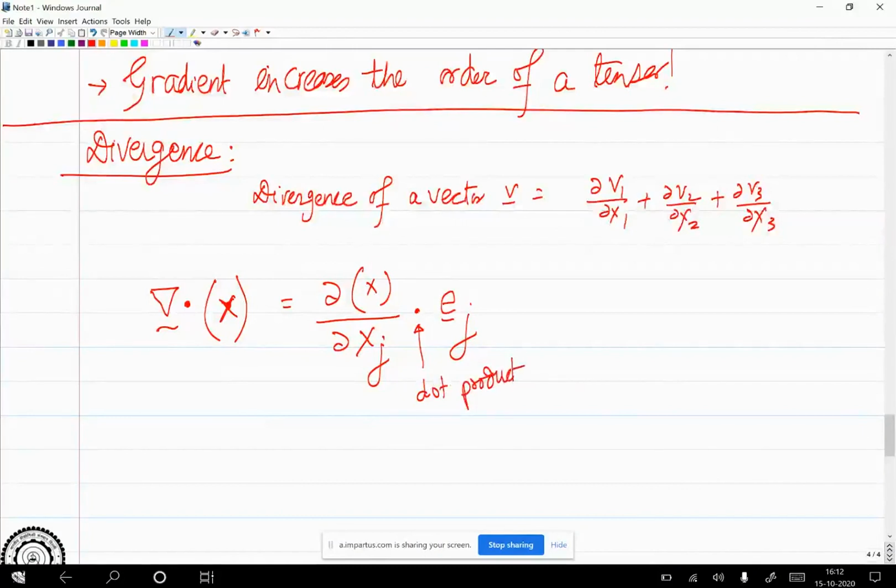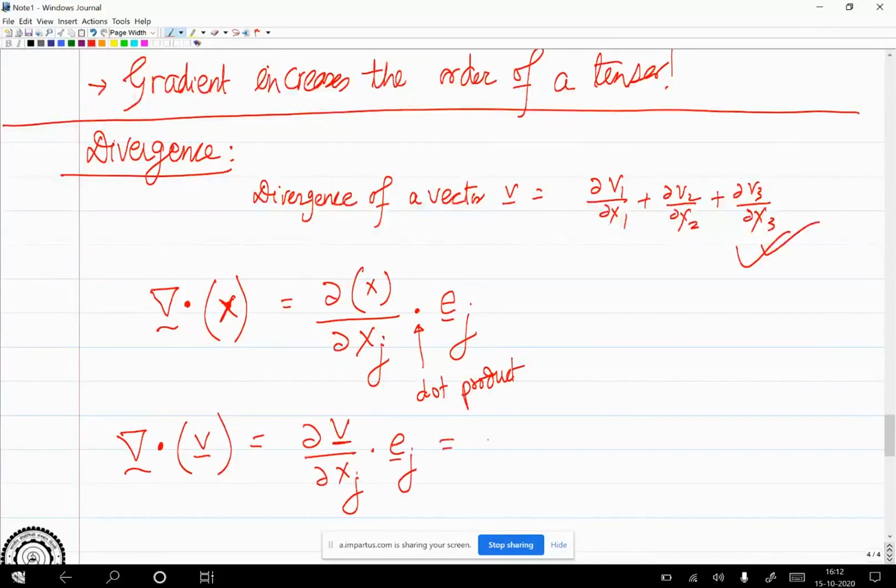Let us see what happens if the thing is a vector. Can we recover this formula? So let us see that. The divergence of a vector v is del v over del xj dot with ej.